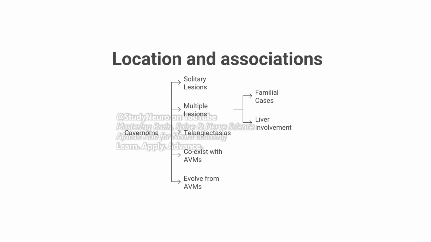They may present as solitary or multiple lesions, especially in familial cases or in association with liver involvement. So cavernomas may arise from or contain telangiectasias, or they can coexist with arteriovenous malformations or evolve from them.